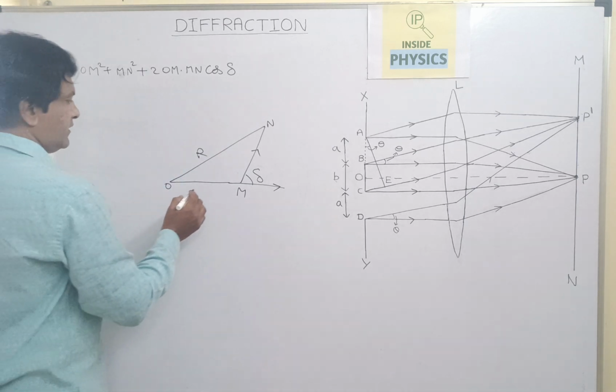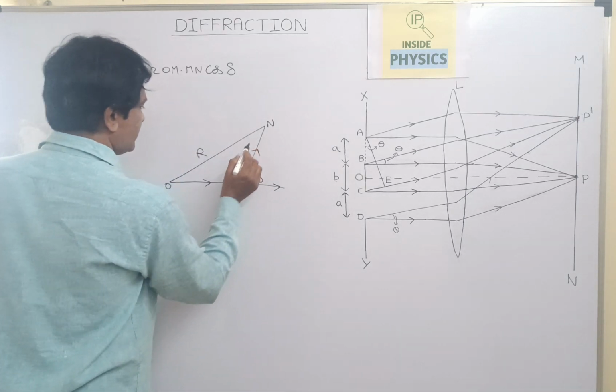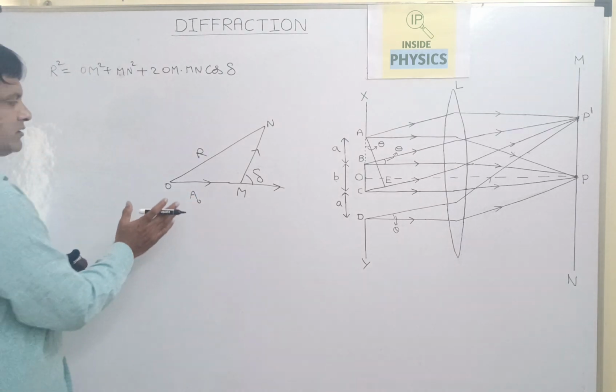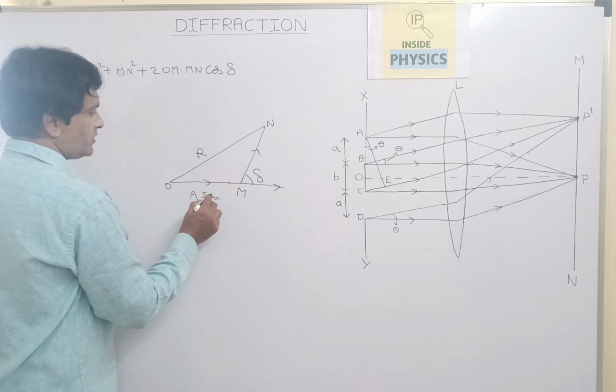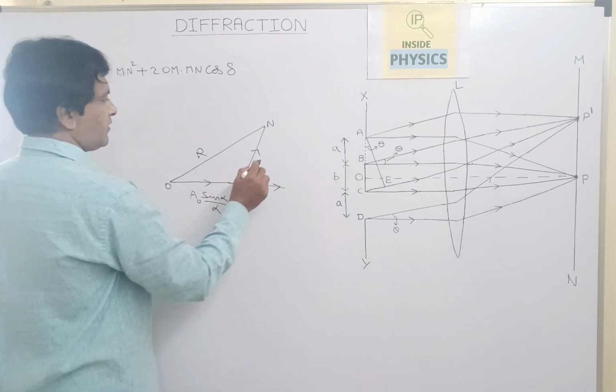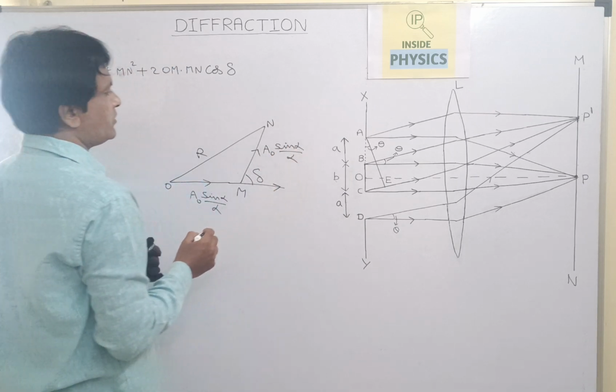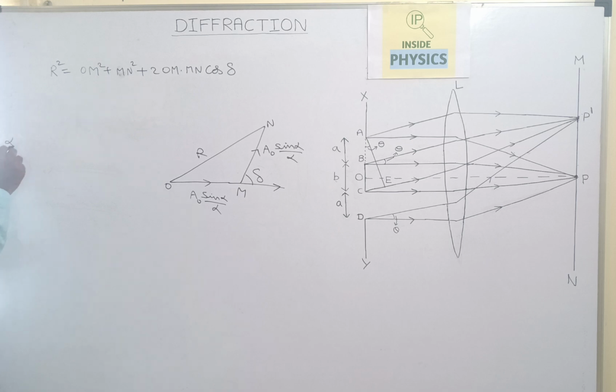Here, if this is the undeviated ray and this is the diffracted ray, what is the amplitude of this wave? The original amplitude into the sine term. This one also has the same amplitude term. Where alpha, as already written, is pi a sine theta by lambda, where a is the slit width. So this term depends on the wavelength of the light, the diffracting angle and the slit width.